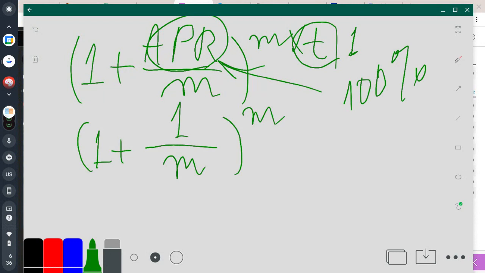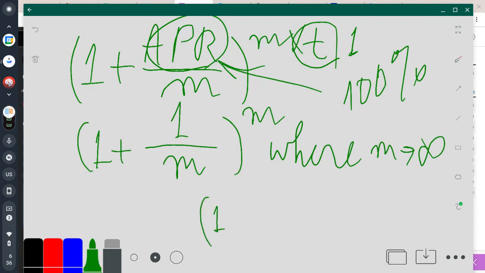And suppose M goes to infinity. And what does this thing become? It will become 1 plus 1 over infinity, raised to infinity. And what's this number going to be?